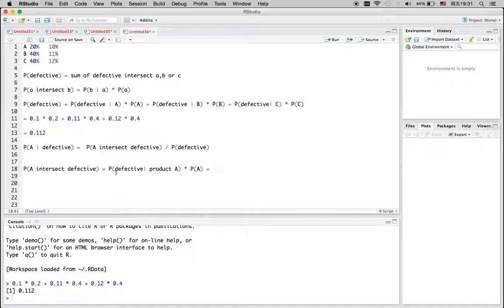So defective given product A will be 10%, so it will be 0.1. And the probability of product A will be 20% here. So just plug in 0.2.